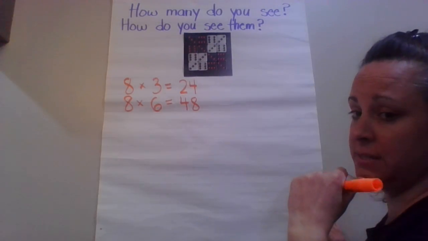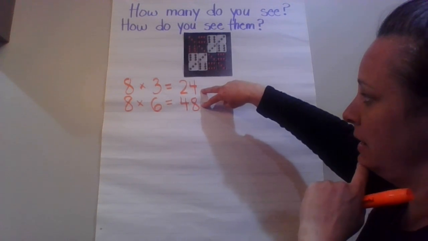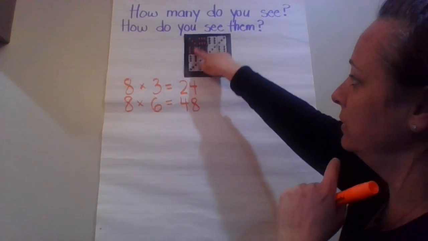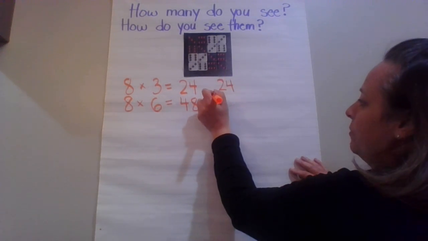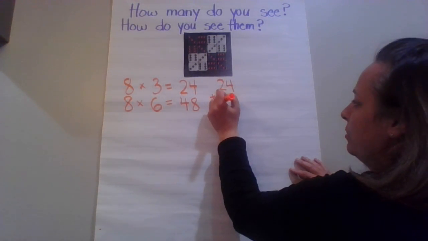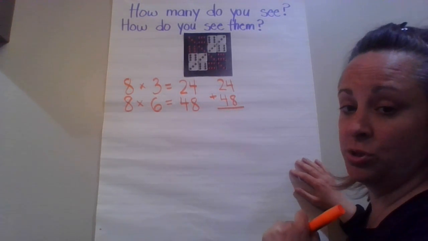Now, I'm not done because that's not my total. I have 2 sets that I've seen, and I need to find the total number of pips that I have. So I'm going to take the 24, and I'm going to put it together with my 48, which means I'm going to add them. I'm going to do show all totals.